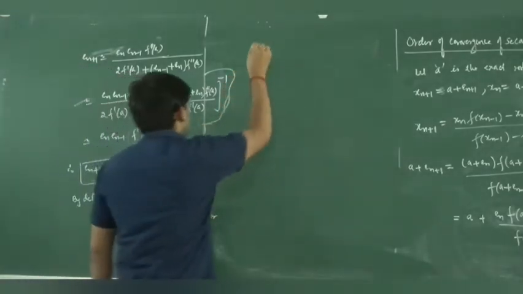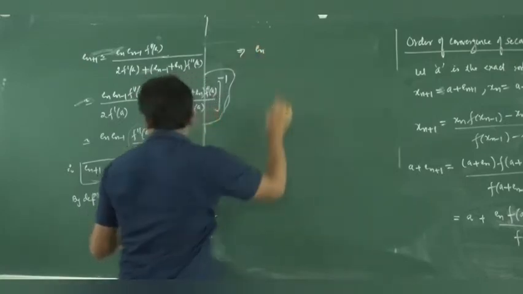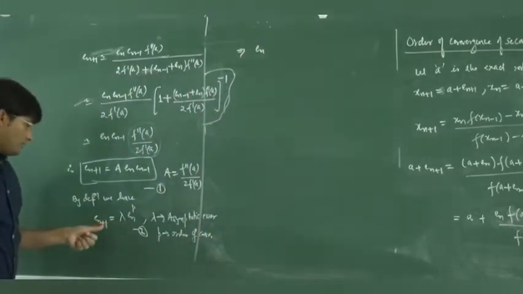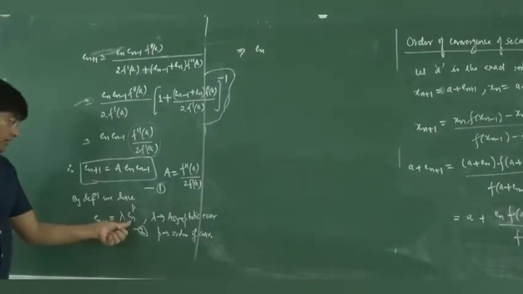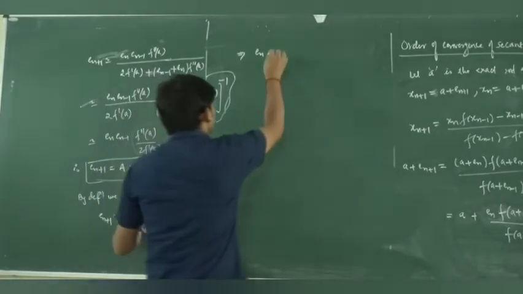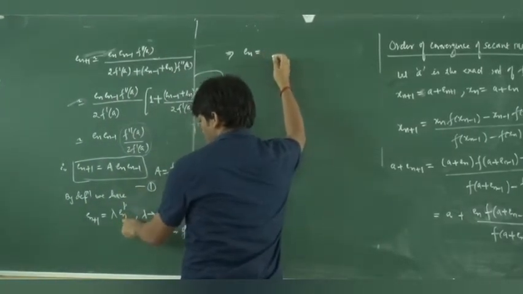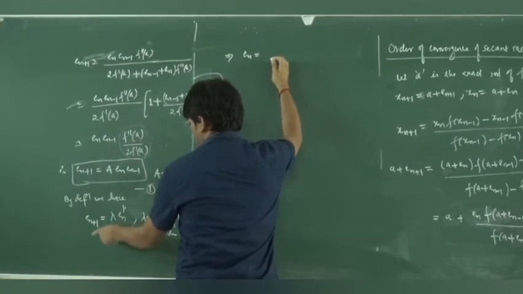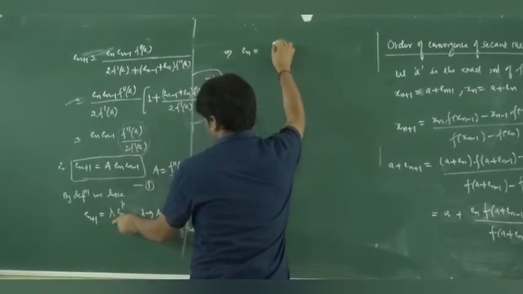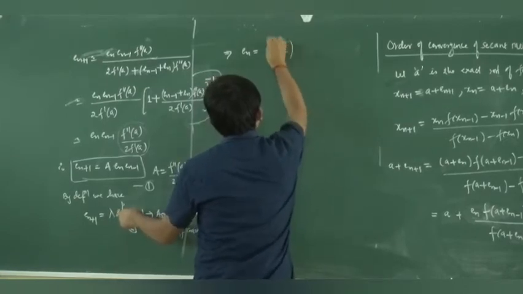So from here we can see that our En will be equal to, if you find the value of En from here, En plus 1 upon lambda power 1 upon p.